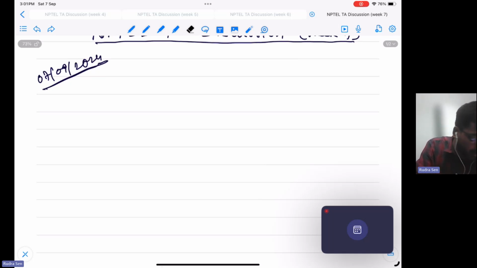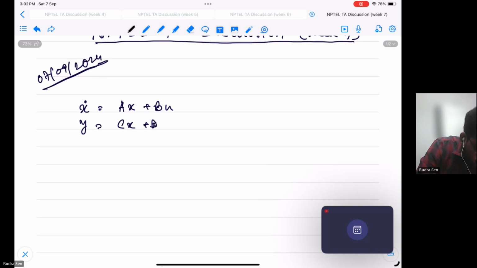like a controllability matrix. Let's say we have a system like this: x dot equals Ax plus Bu and y equals Cx plus Du.